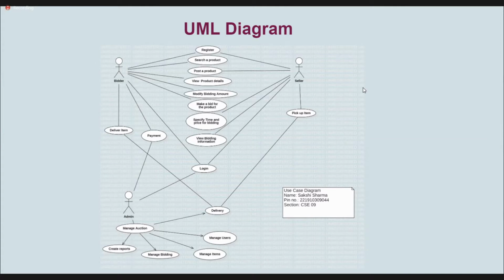They can view the product details, make a bid for the product, and then modify the bidding amount, and the whole bidding information can be viewed. After the whole bidding is done, the admin will pick up the product from the seller first and then deliver it to the bidder, and the bidder can make the payment through the admin.